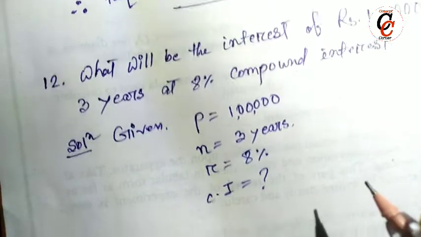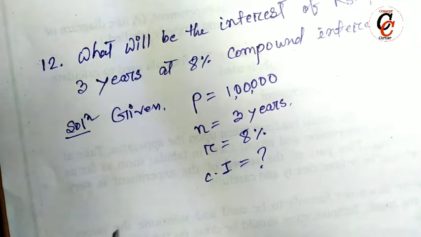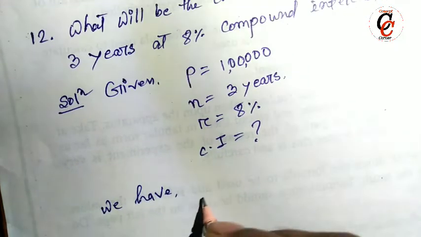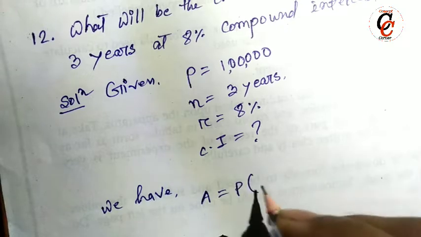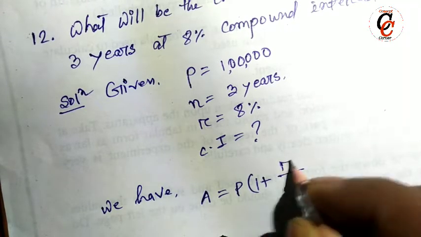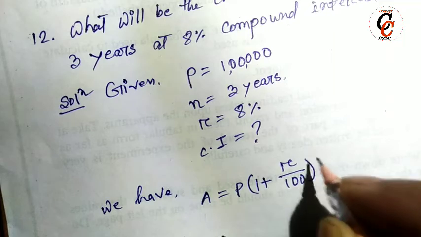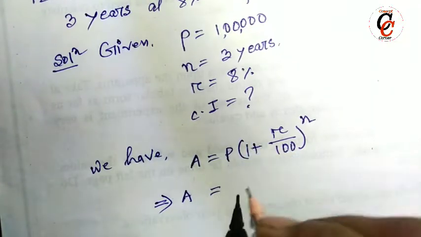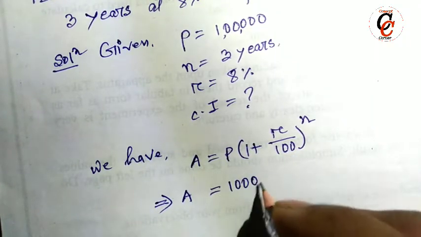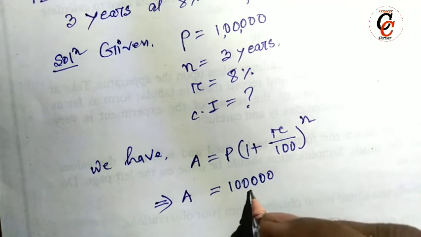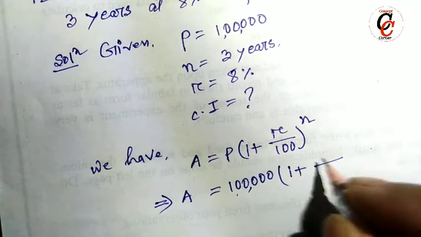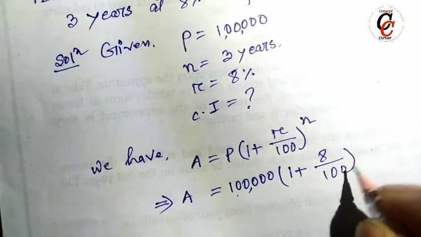For that we first have to find A. We know A is equal to P into (1 plus r by 100) to the power n. Here A is not given. P means 1 lakh, r means 8 by 100 to the power 3.